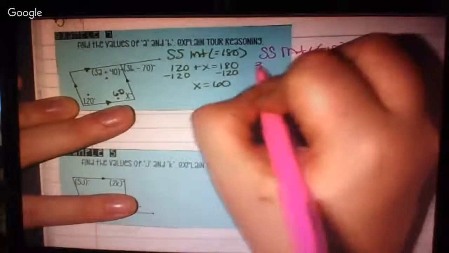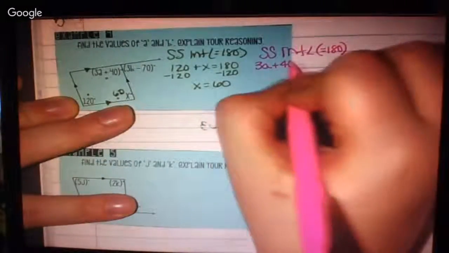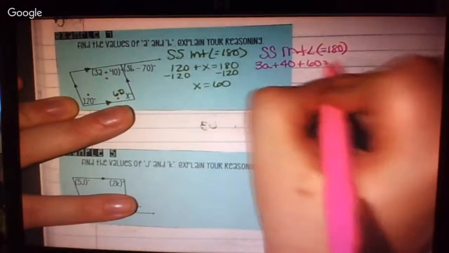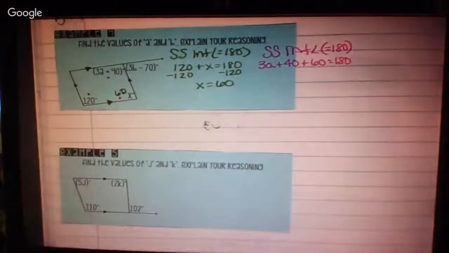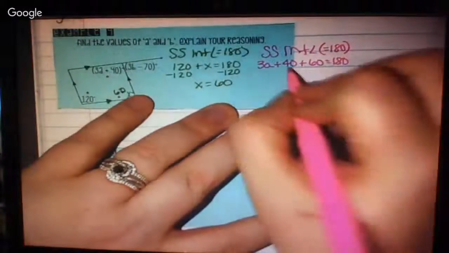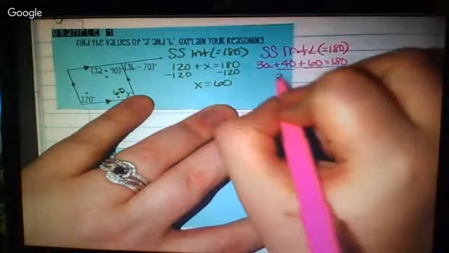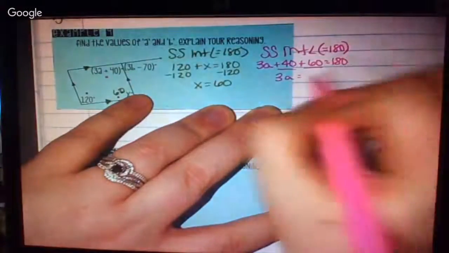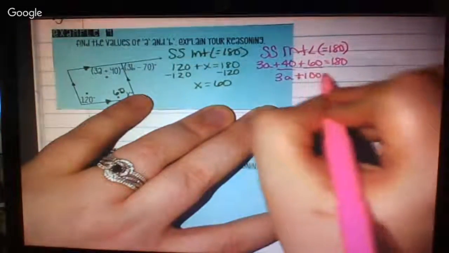So 3A plus 40 plus 60 is 180. This one's going to come out to be a decimal. Okay. When I combine like terms, I get 3A plus 100 is 180.